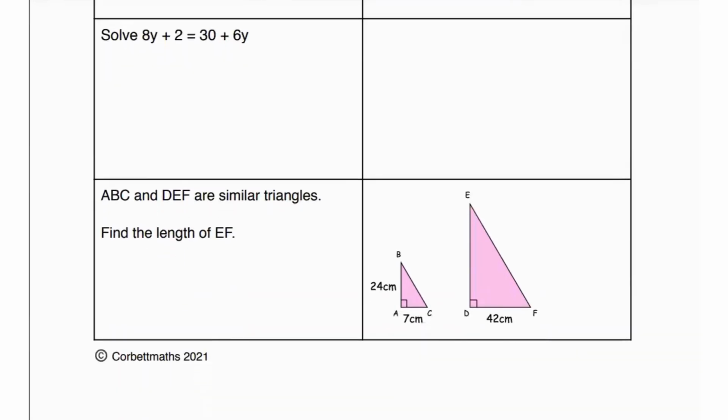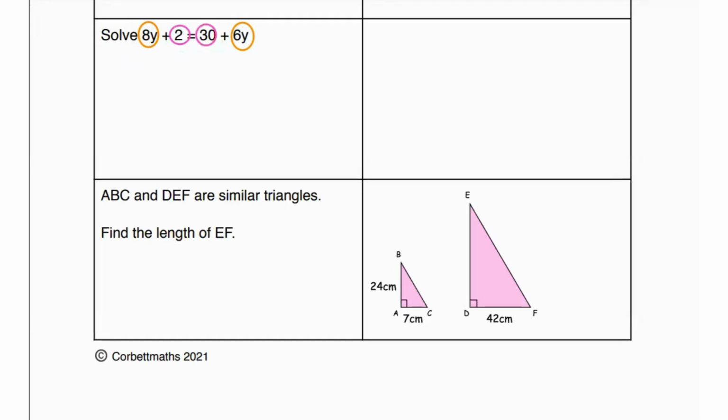Next question says solve 8y plus 2 equals 30 plus 6y. Whenever you're solving linear equations, the first step is to see whether we have any like terms. We have like terms of 8y and 6y on both sides, and similarly like terms of 2 and 30 because they're both constants.